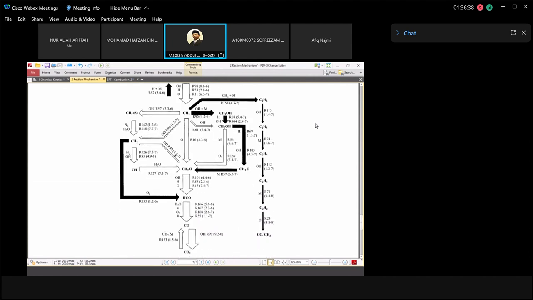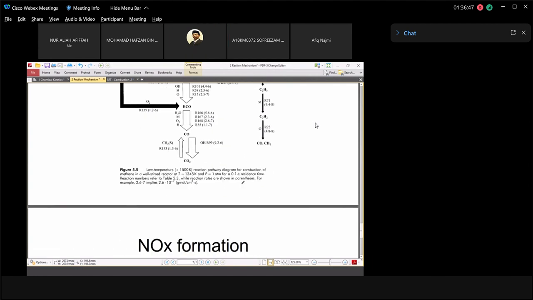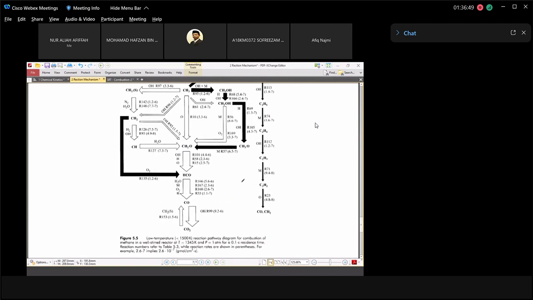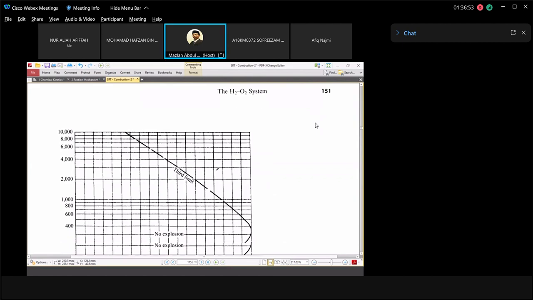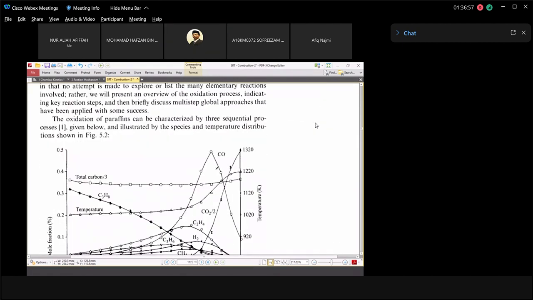Here, see how many reactions? Yes, very many of them. Let's check in the book whether they have it listed down.